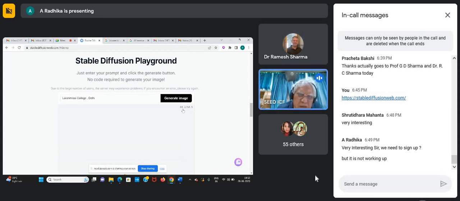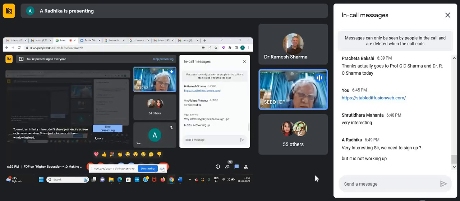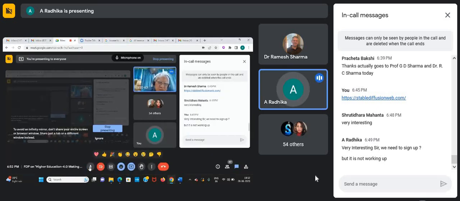Click on generate image. Sir, I'm able to click, but it is still processing. It reached 100%, still processing. Yeah, it is not coming up. Let me just stop my screen.